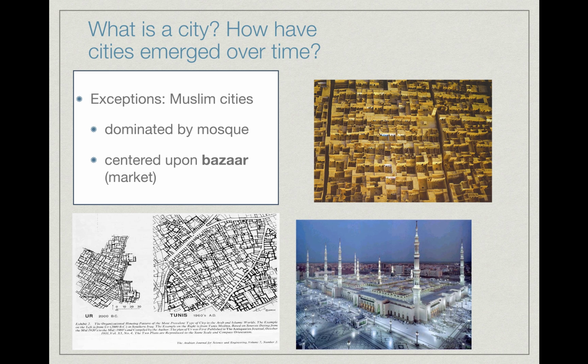Something to note are the exceptions to the rules of what I just described, of the central city, the walled city. There's a very different design in Muslim cities. The way Muslim cities were designed, the landscape itself was really dominated by the mosque, and if not the mosque, then the centerpiece of the city would be the bazaar, the market area. And that design still remains true.